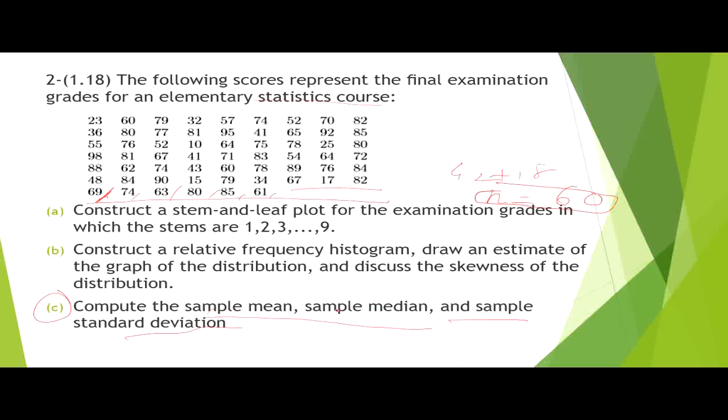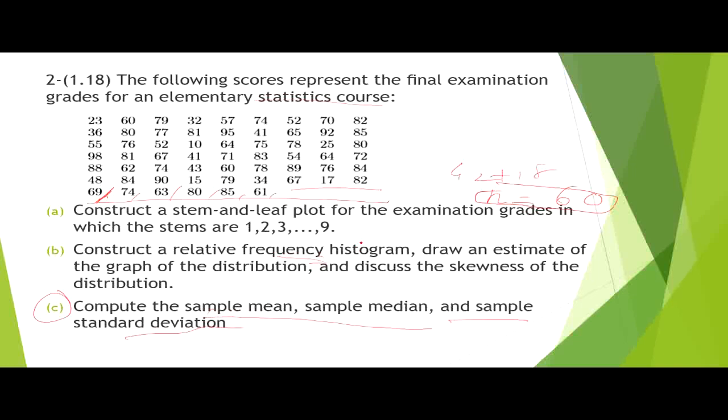Okay, I am going to construct a stem and leaf plot for this data, and I will try to construct a relative frequency histogram. That is the purpose of this particular problem. Okay. Now keep the data in mind. Let's write stem and leaf.